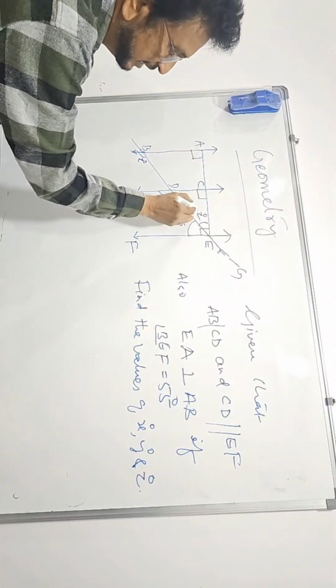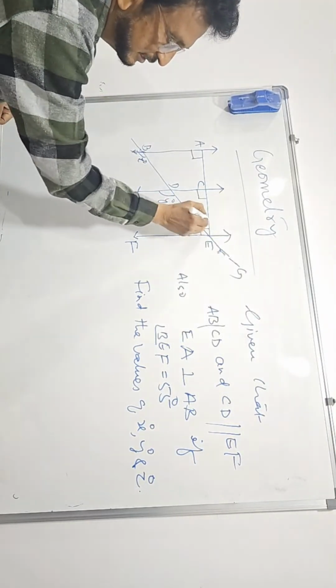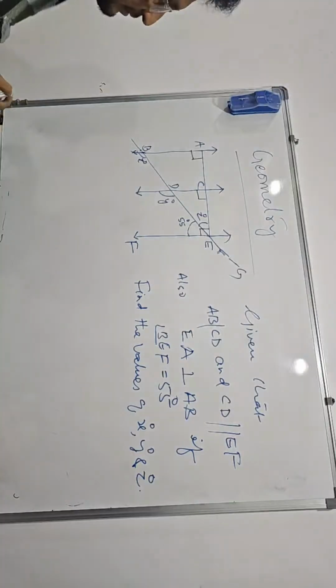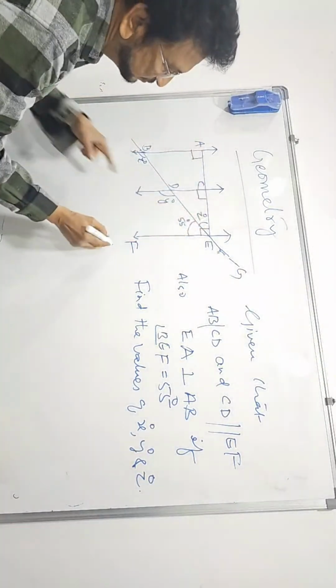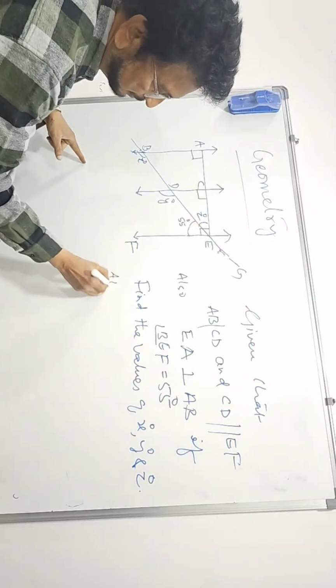Therefore, if it is 55, this should be 35, because if you add up these two angles, the sum must be equal to 90 degree. Then I can write here: AE is perpendicular on EF also.